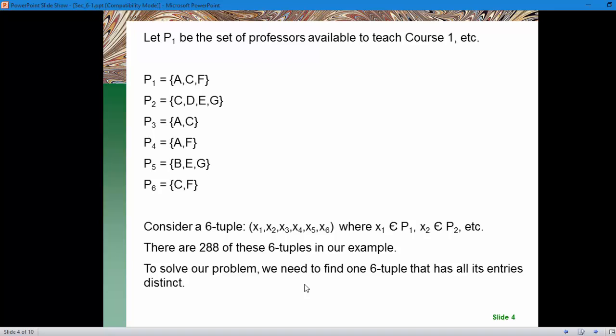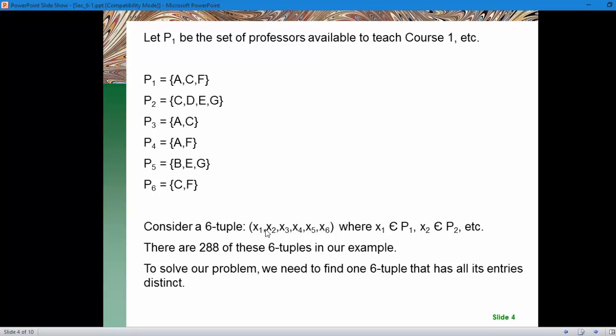To solve the original problem of assignment, we simply need to find one 6-tuple that has all its entries distinct. If all the entries are distinct, that means we don't have any repeated professors.